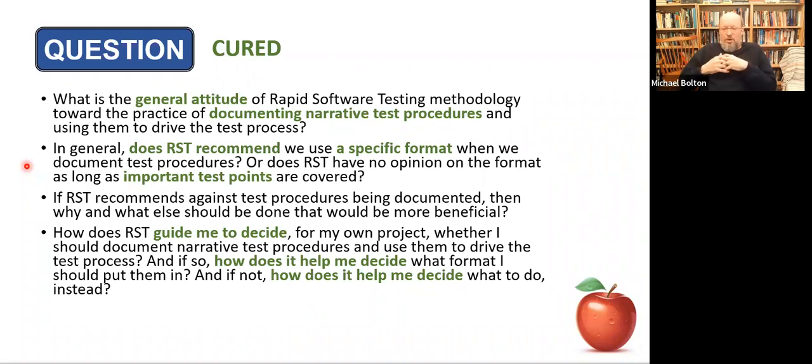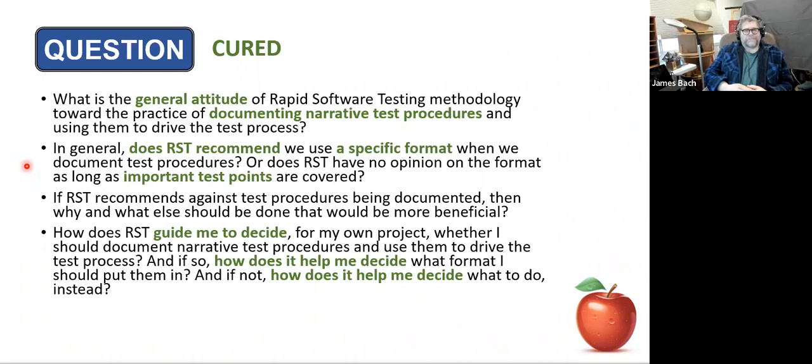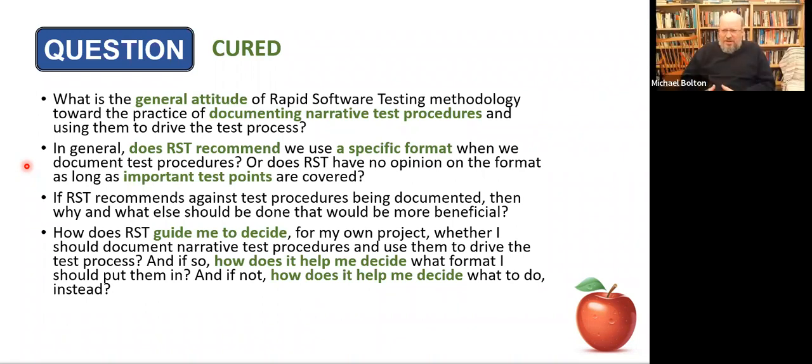My preference will be overridden when something must be observed in a specific way or must be done to check specific facts. What about gherkin? The gherkin format, the given, when, then kind of format. Well, I don't think of that as a test procedure at all. I think of that as a description of how a procedure, which is not a test procedure, should happen.